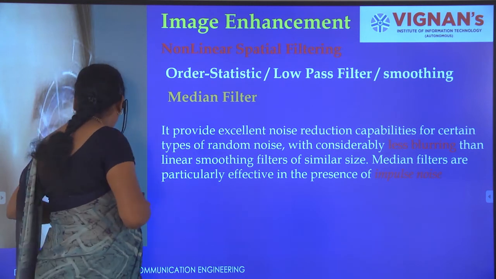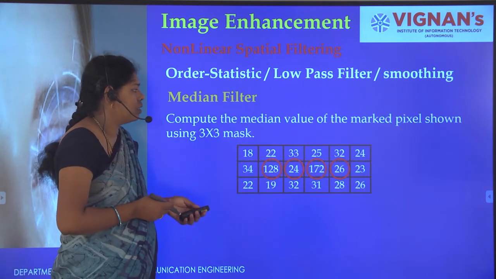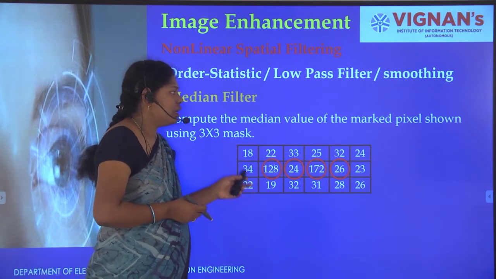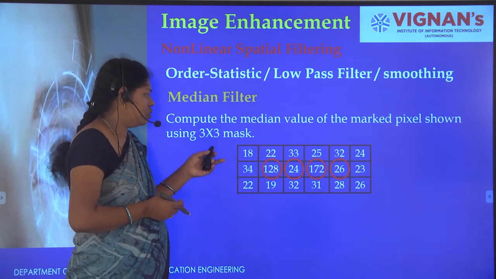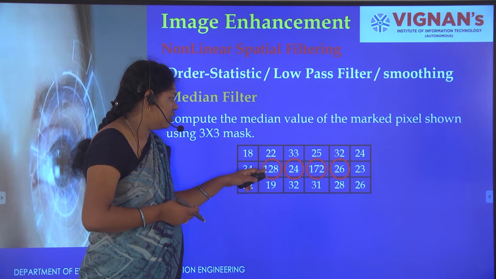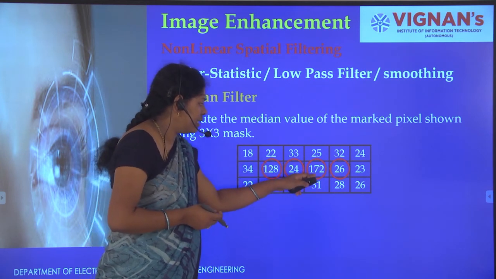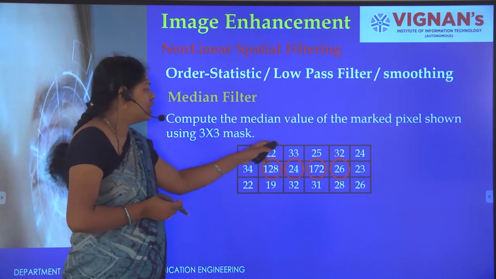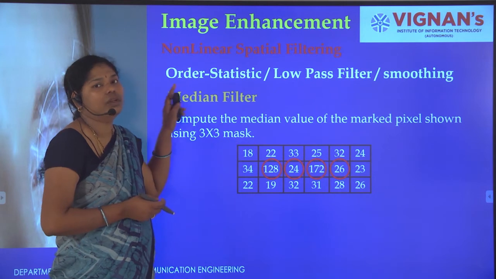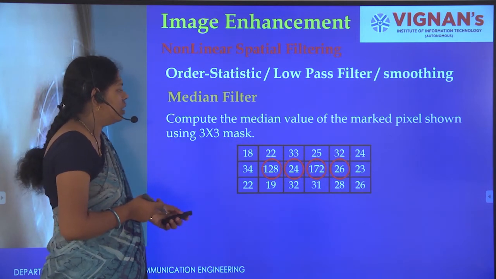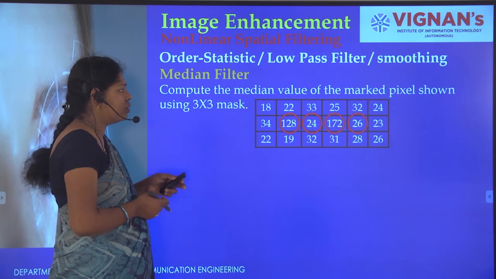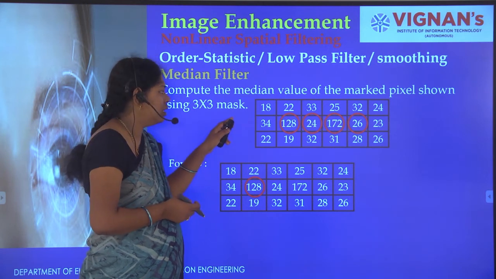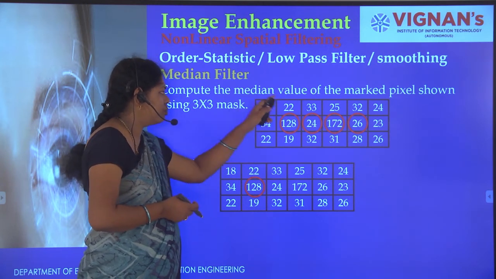Okay, next see this. Consider an example. Here also we are using the same neighborhood pixel values. Just consider here the pixel values differ: 128 and 172. These two pixel values differ from the given range. That can be eliminated by using the median filter. Let's see. For the median filter, we have to consider a mask. Here I am considering a 3x3 mask, and we have to consider within this image only.